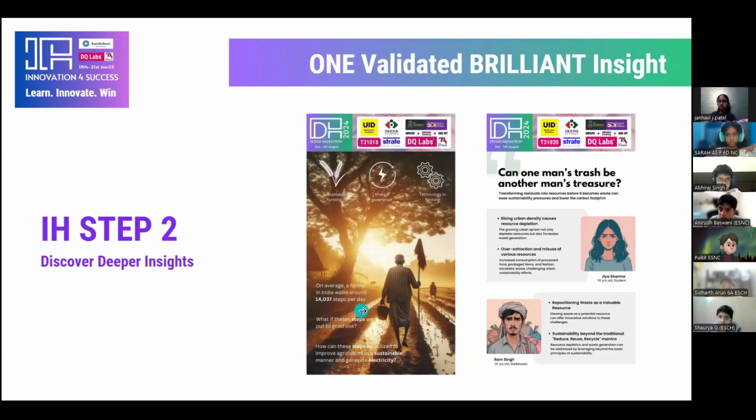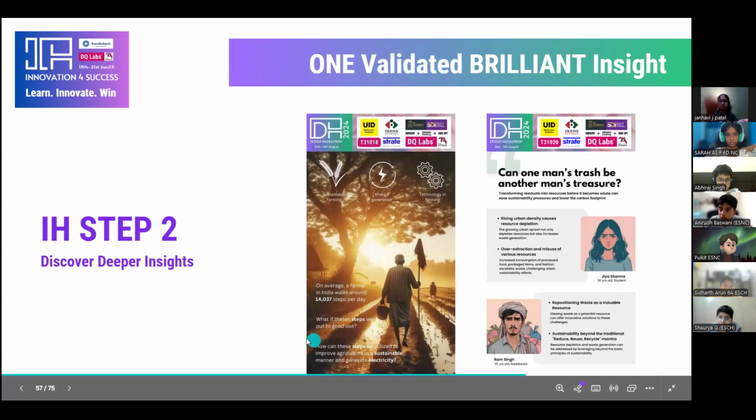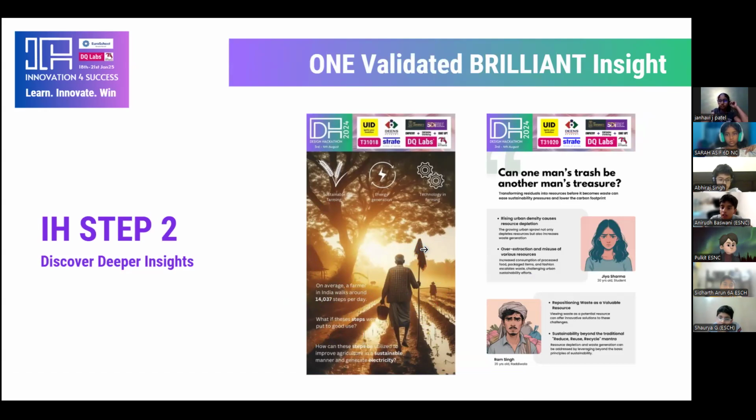So, that was something that was very interesting. And this was thought about. And what if these steps were put to good use to create a sustainable source of electricity? So this was the insight that the first example shows. And you'll have to think about some point which will help you to solve the problem better.